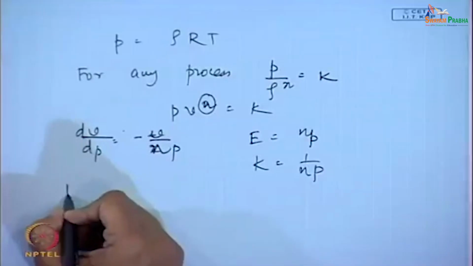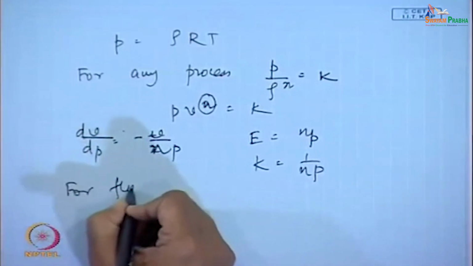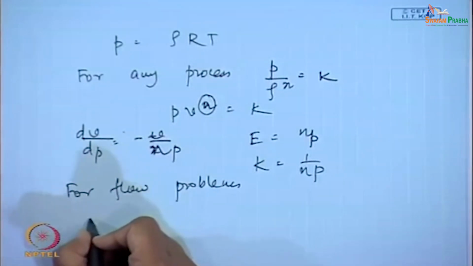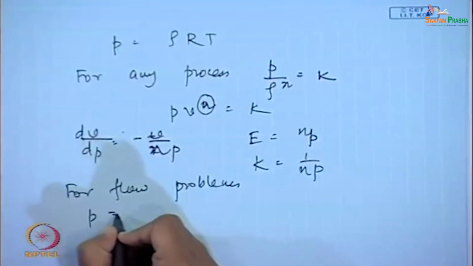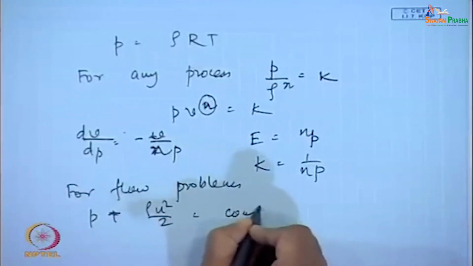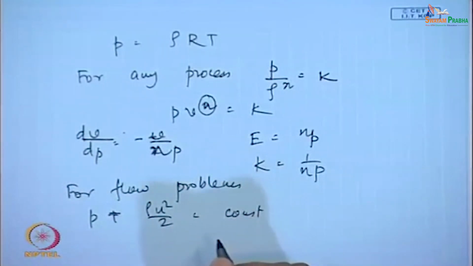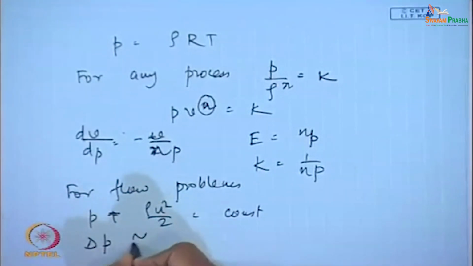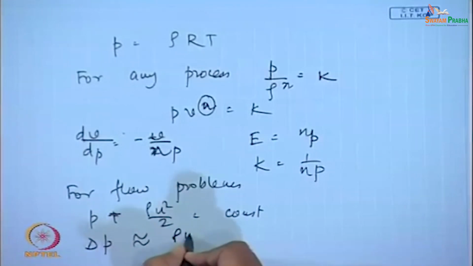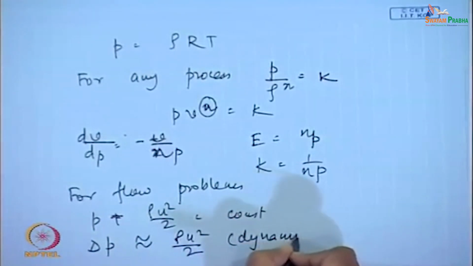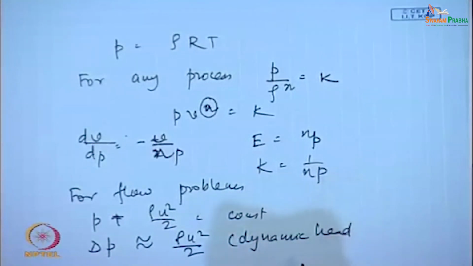In other words, for flow problems, what we already know is that P plus rho u square by 2 is equal to constant. Or we can write that delta P in any particular flow field is more or less equal to rho u square by 2, which is nothing but the dynamic head.